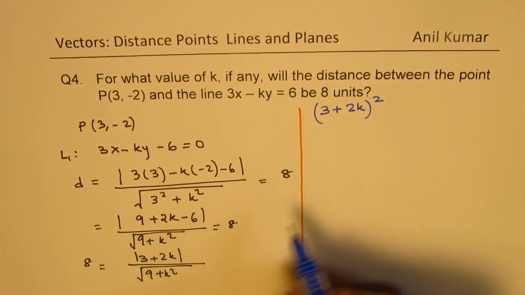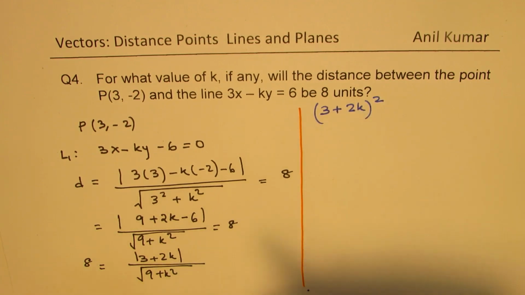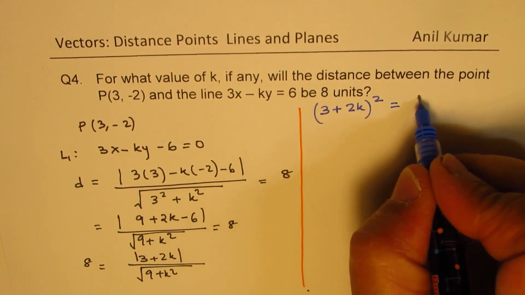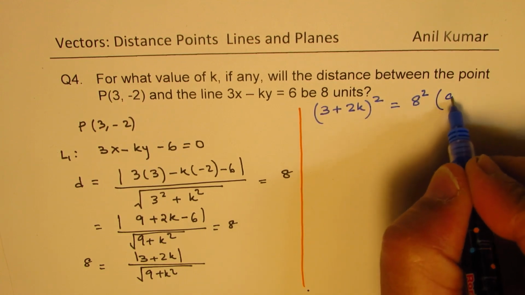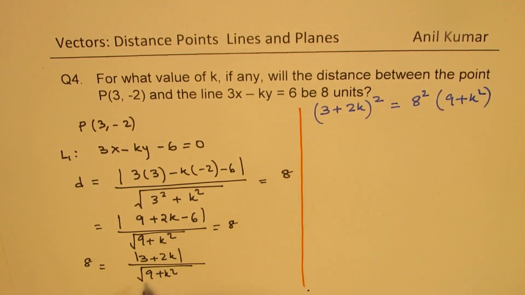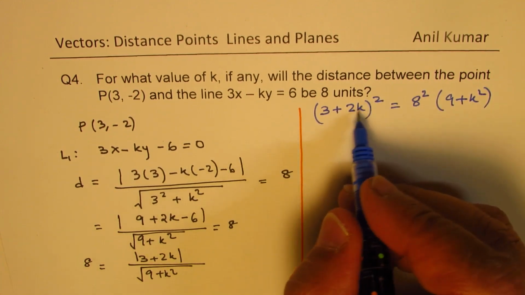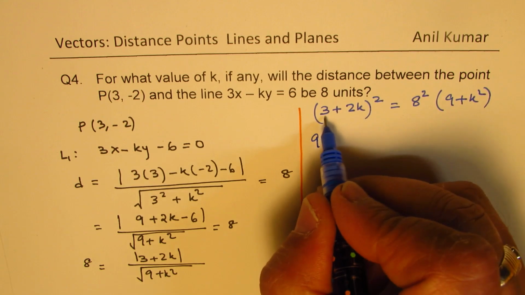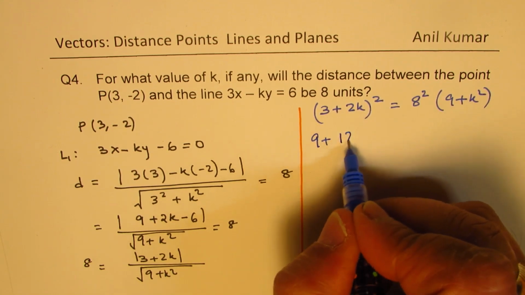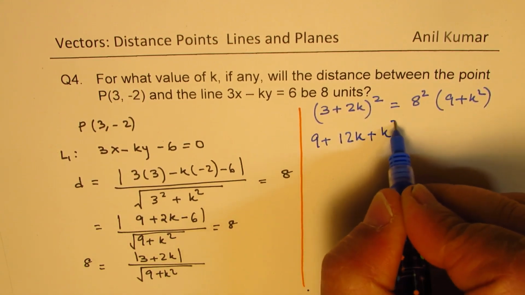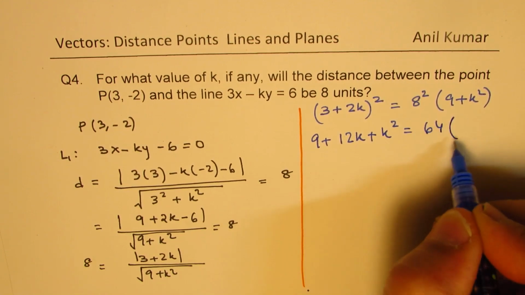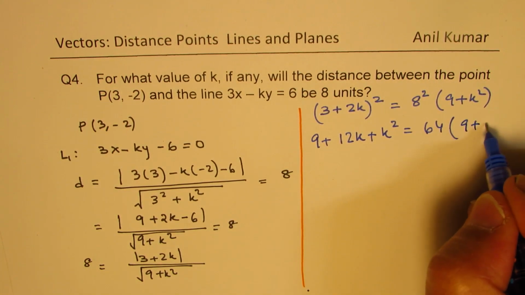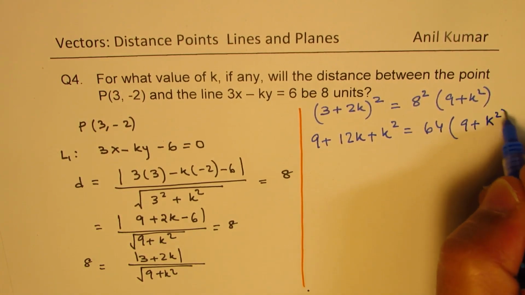So the absolute value, when you write this as a square, will be positive only, equals 8 square times 9 plus k square, correct? So we squared and then we took this to the right side. So open this bracket, we get 3 square is 9, plus 3 times 2, 6 times 2, 12k, plus k square equals 64 times 9 plus k square.